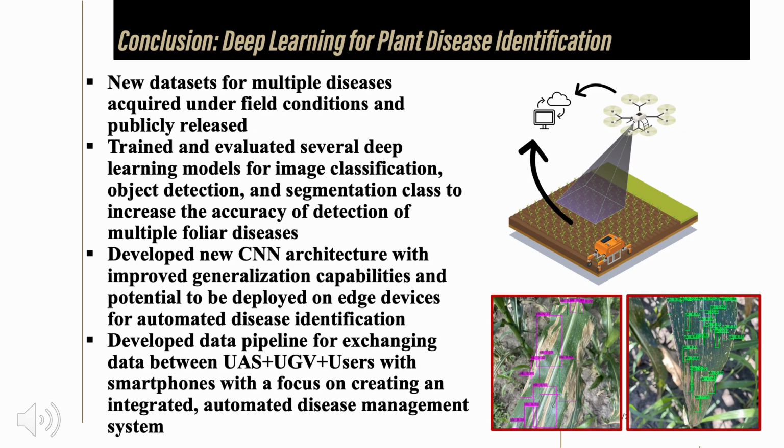In summary, we have developed new data sets for multiple diseases, and this data set has been acquired under field conditions and publicly released to be used by other researchers or industry. We have also trained and evaluated several deep learning models for image classification, object detection, and segmentation with the aim to increase the accuracy of detection of multiple foliar diseases.